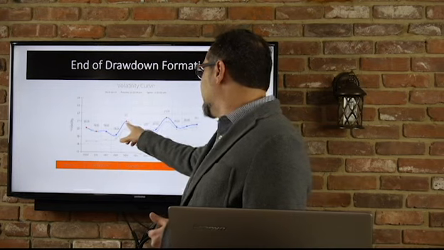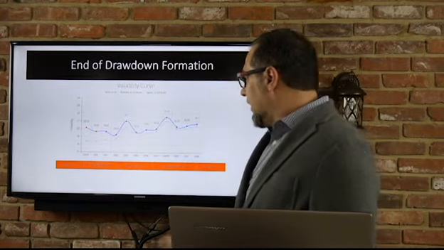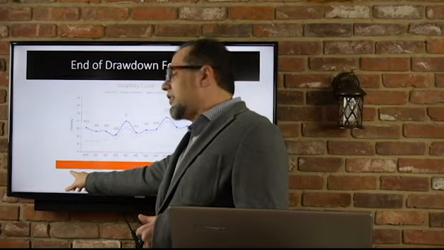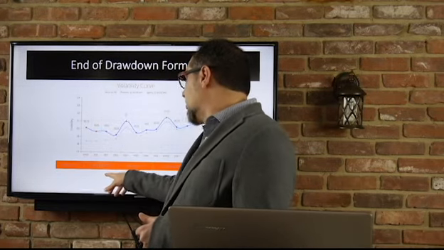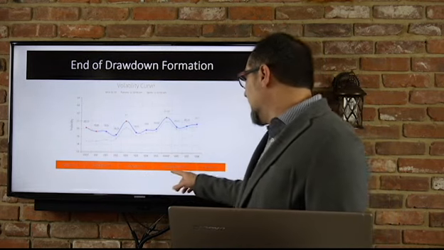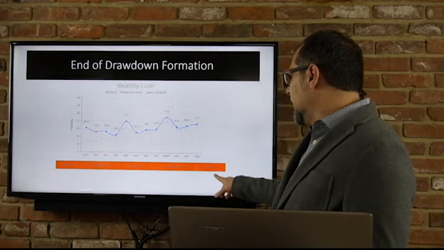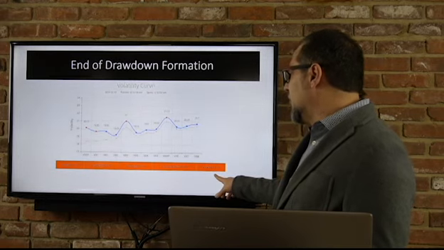And the VXV and the VXMT are somewhat elevated. In that formation, the V delta is now negative, the roll yield is now negative, contango is also negative, the contango roll is also negative, and the V ratio is below 1.0.